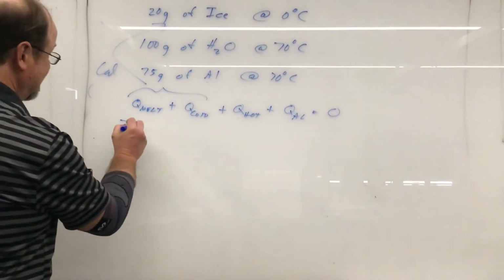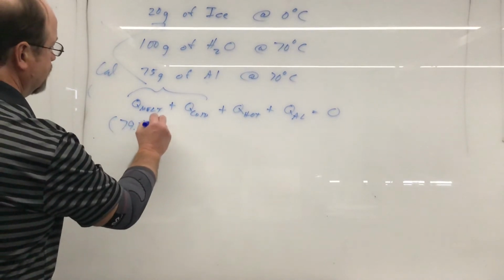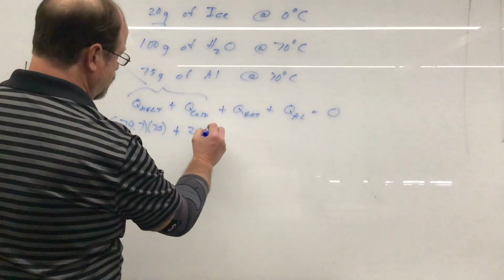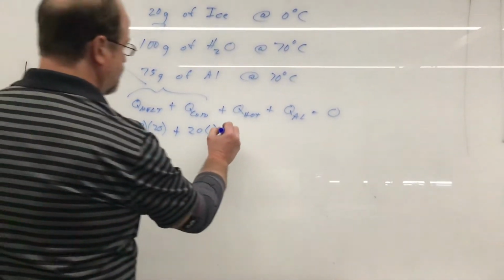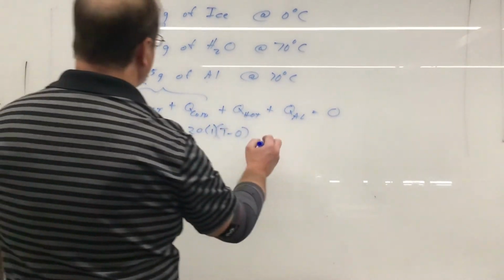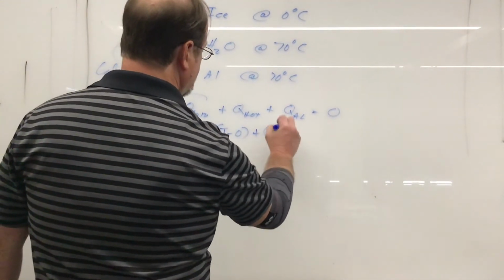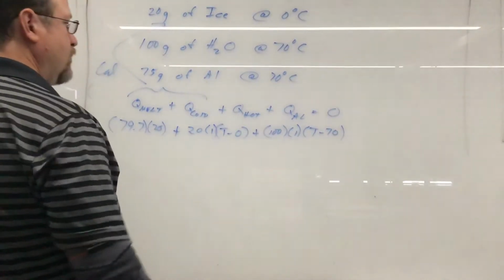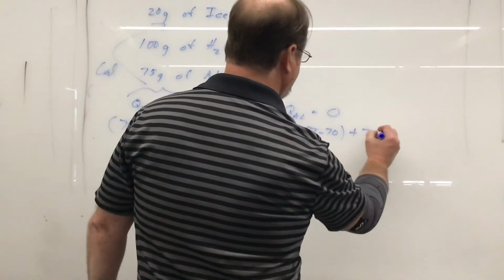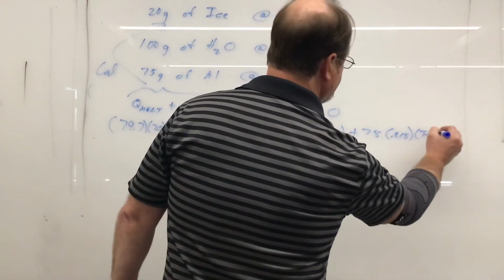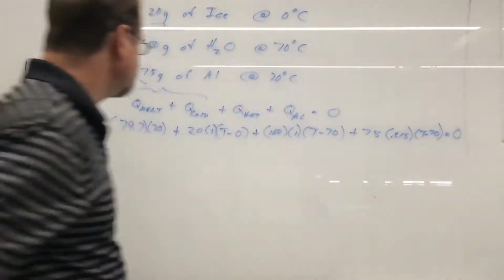Again, Q of the melt, 79.7 times the mass in grams. Q of the cold water, I've got 20 grams of cold water. The C is 1, T minus 0. That takes care of these two terms. Q of the hot, I've got 100 times 1 times T minus 70. Q of the aluminum, I have 75 times 0.215 times T minus 70, and all of that together equals 0.